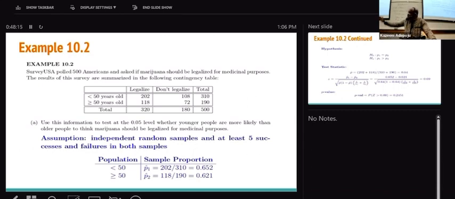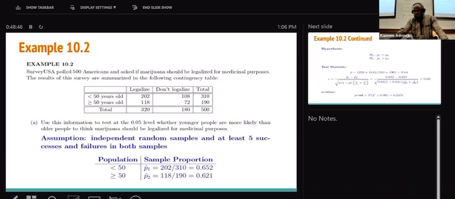The other variable is the response: legalize it or don't legalize it. 202 of those less than 50 years of age said they should legalize it, and 108 said no, don't legalize it. The total number of people that consider legalizing is 320. The total number of respondents that go against that is 180.